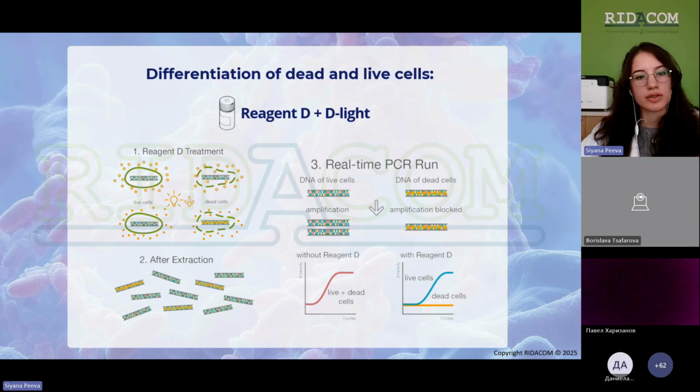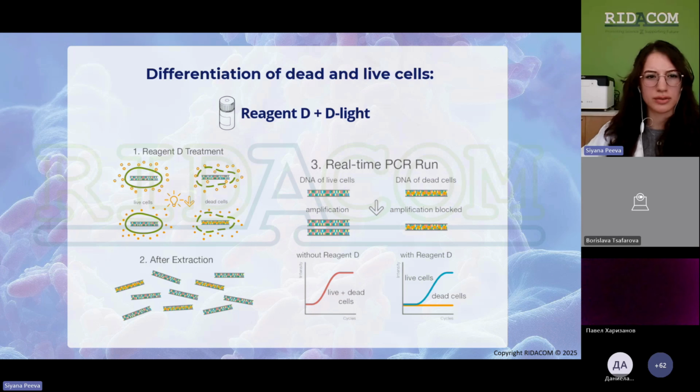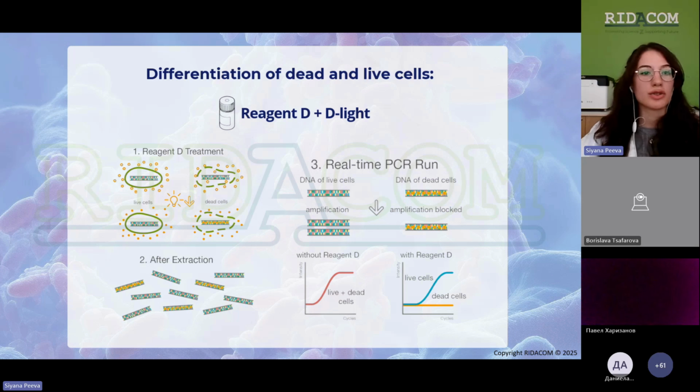Here in the DNA extraction procedure, we have our different cells. We have cells with intact membranes, which are the live cells, and the dead cells, whose membranes are not intact anymore. Reagent D can enter the dead cells, but not the live cells, because it enters through the pores in the membrane.